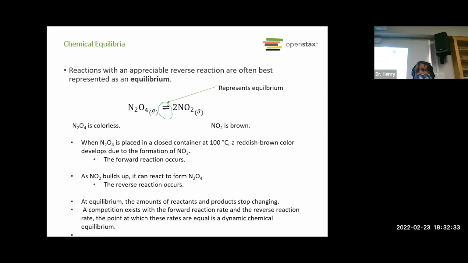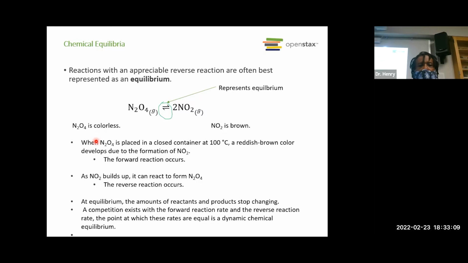Now, this reversible reaction is happening consistently. Here's an example where we have dinitrogen tetraoxide, and we're going to be making nitrogen dioxide. Nitrogen tetraoxide is colorless. Nitrogen dioxide has a brown color. If you put this in a container, it's going to form what we call equilibrium.